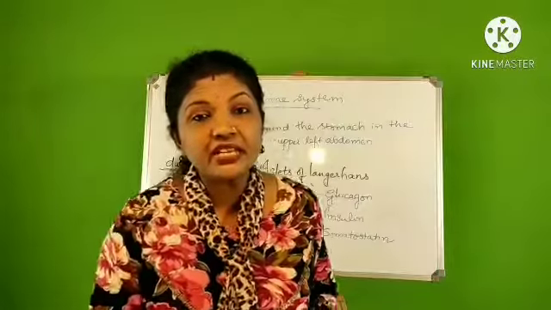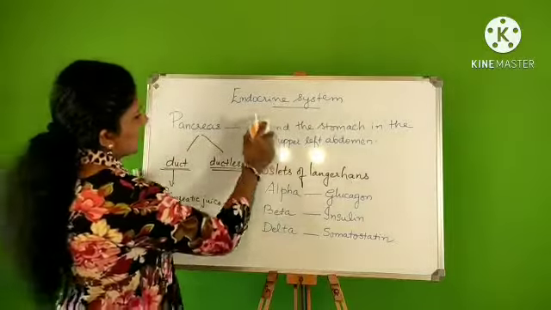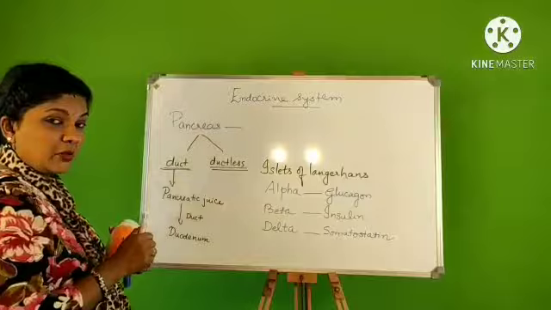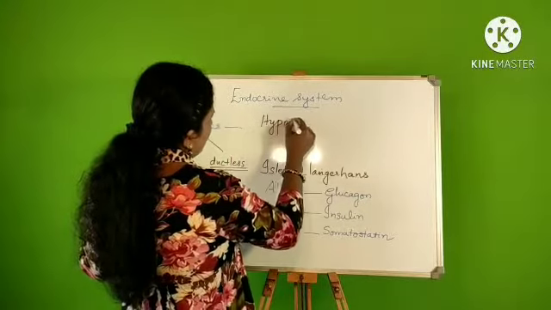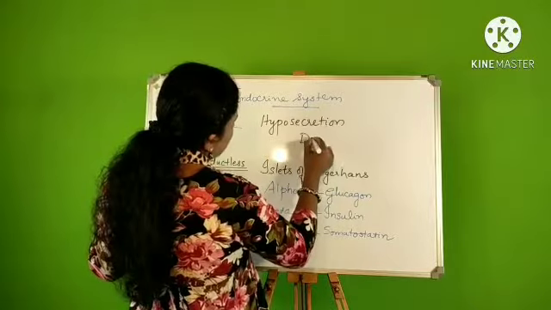Now, insufficient secretion of insulin, that is hyposecretion or undersecretion of insulin, will cause diabetes mellitus.